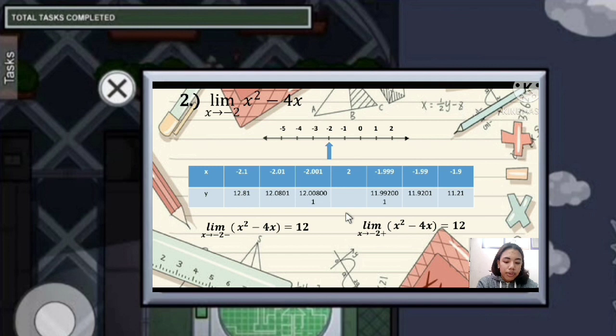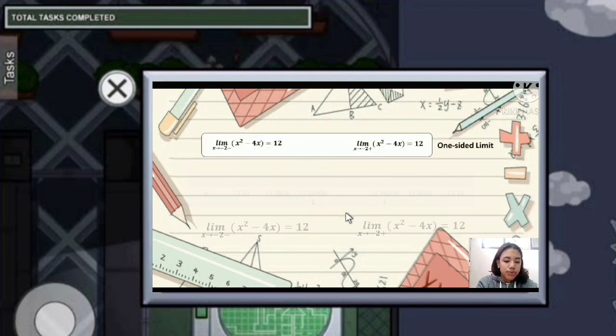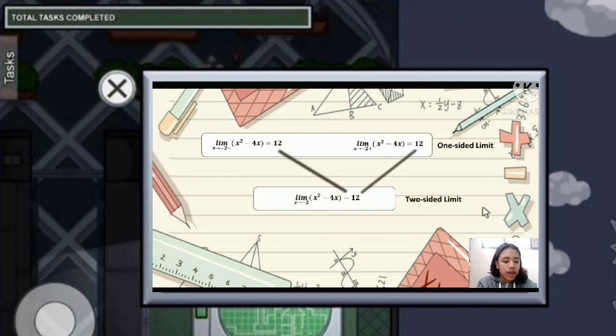From the left, we can see our y is approaching 12 and from the right is also approaching 12. So the answer of the limit of x squared minus 4x as x approaches negative 2 from the left and from the right is equal to 12.